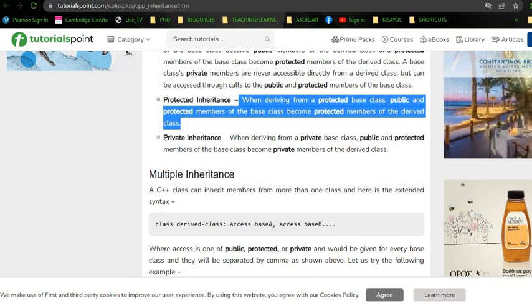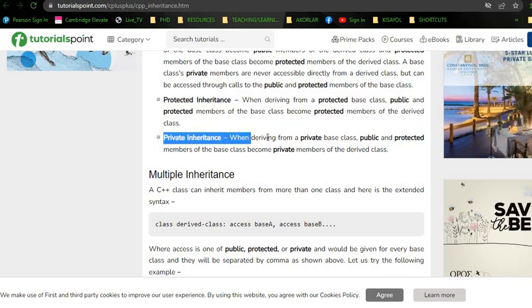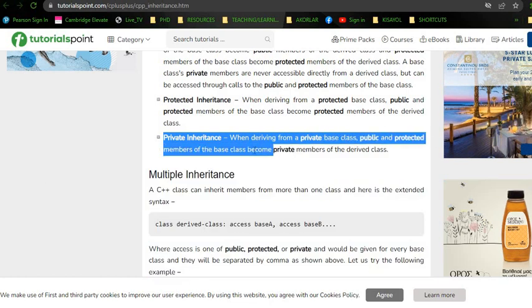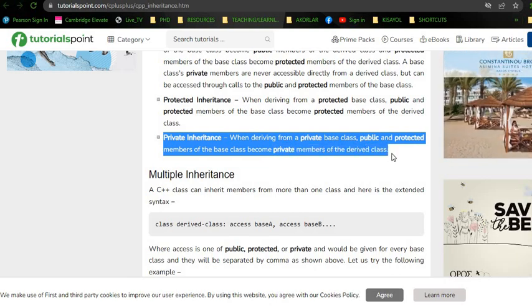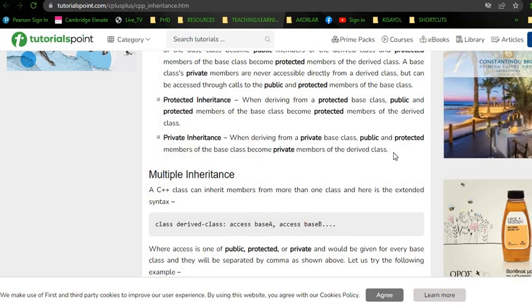And private inheritance: when deriving from a private base class, public and protected members of the base class become private members of the derived class.